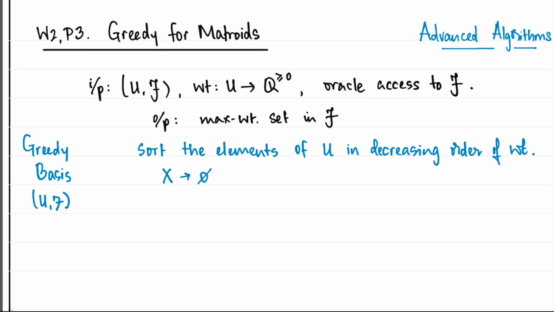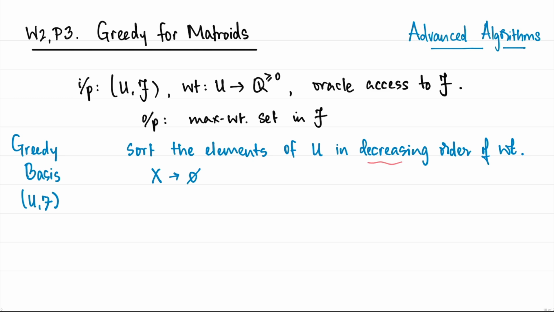This time, let's say that the order we have picked is just going from 1 to n. In particular, if I talk about e_i by this renaming, e_i is going to be the ith heaviest element in the collection. This way I can define my for loop nicely: for i in 1 to n.